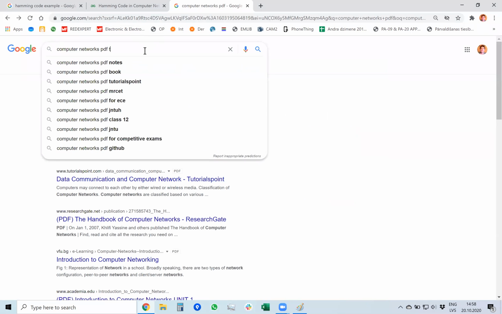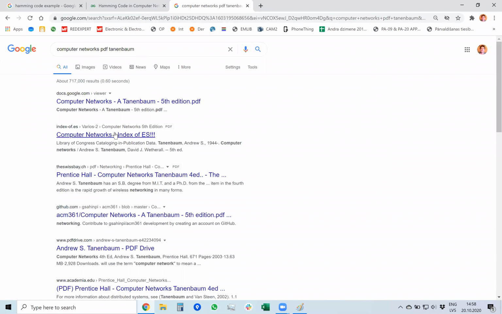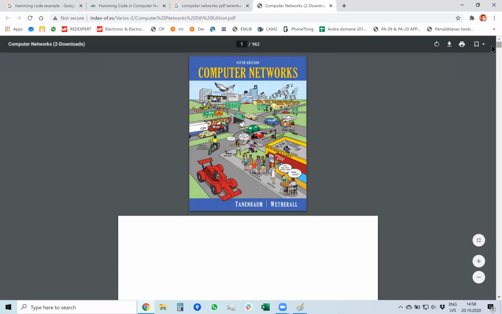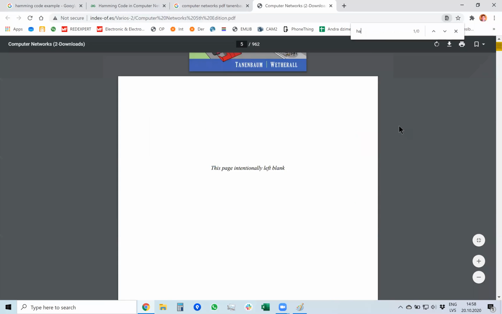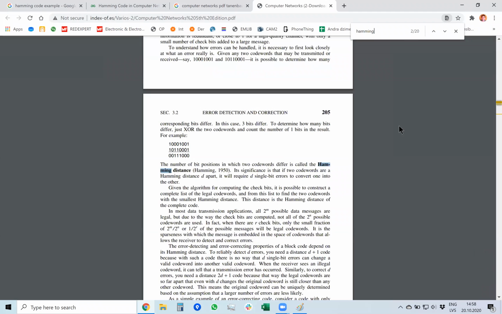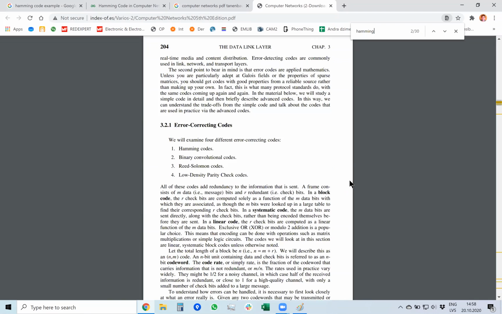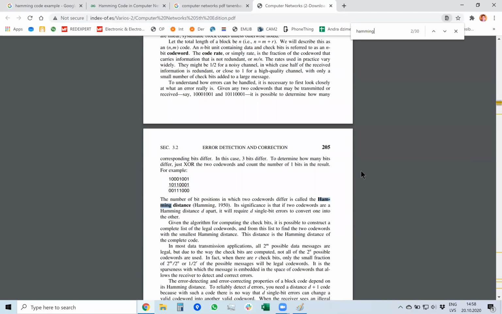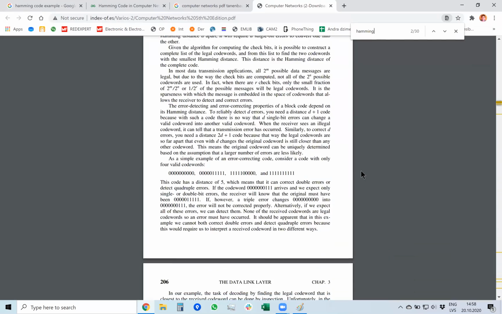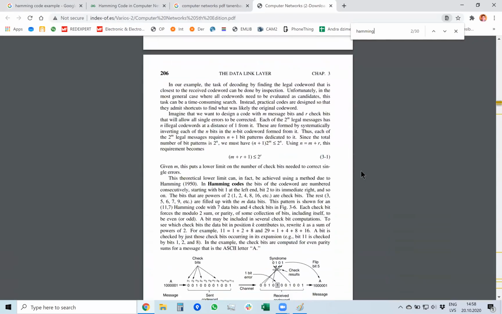And its author is Tannenbaum. Error correction codes, Hamming codes, right there. Sample here.